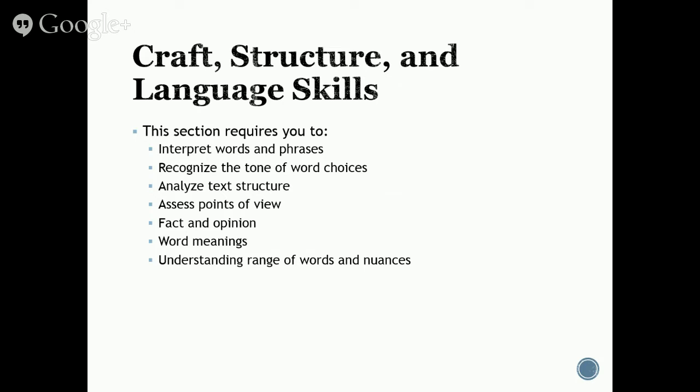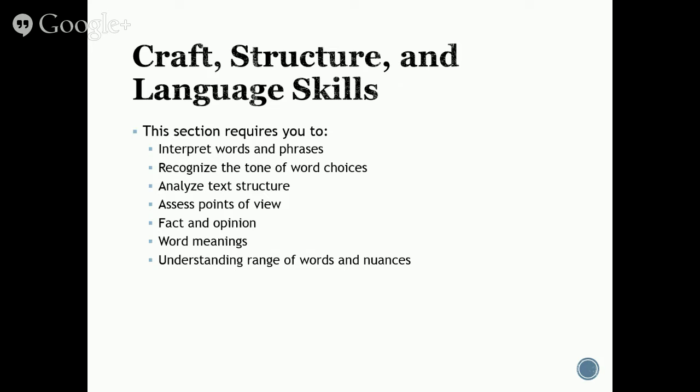In other words, they're going to maybe highlight a word, underline a word, and ask you to define it or choose the meaning behind it or the tone behind it. You are to use what else is written in the paragraph to help you interpret that word. The tone, is it negative, positive? Is it determined? Is the author trying to inform?